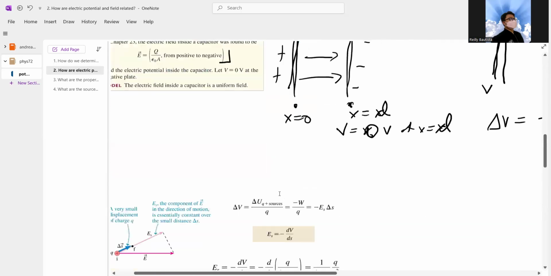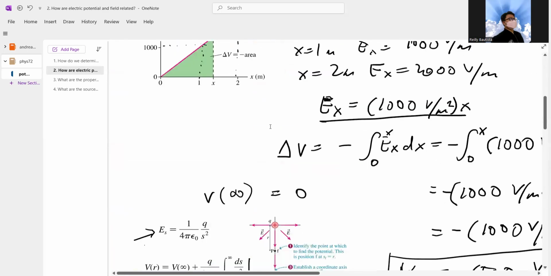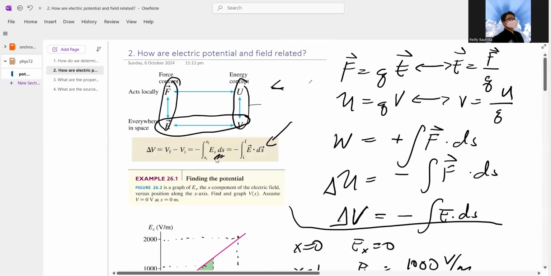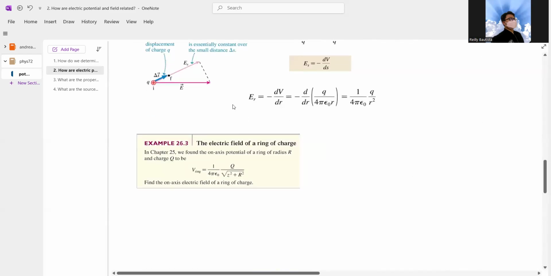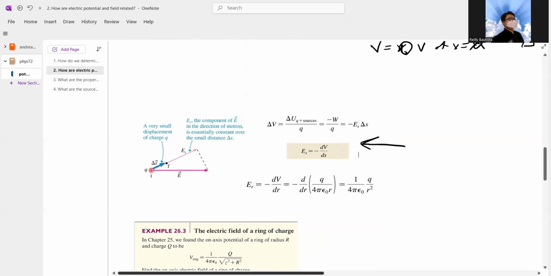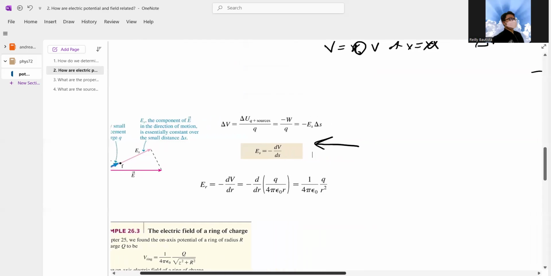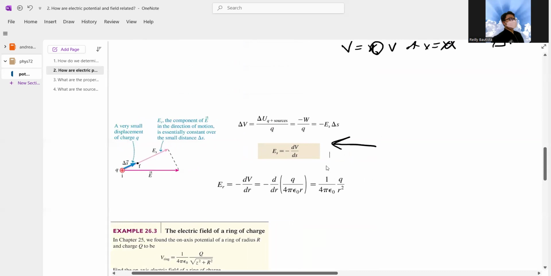Do we have any other examples here? We actually had the formula from E to V, from field to potential. Now we want to do the vice versa. So we're defining it in this form, where we get the derivative of the potential along a certain path, which is why it says ds.